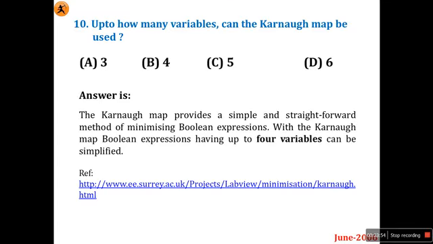With the K-map, Boolean expressions have up to 4 variables. Actually, you may use a 2 variable K-map, a 3 variable, or a 4 variable. Sometimes it may use 6 variables, but for this question you use 4 variables. So the answer is B. If you want more about this K-map, just go through this link. Okay, so the answer is B.